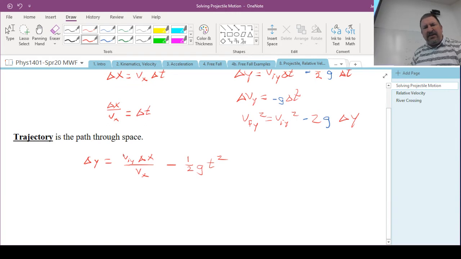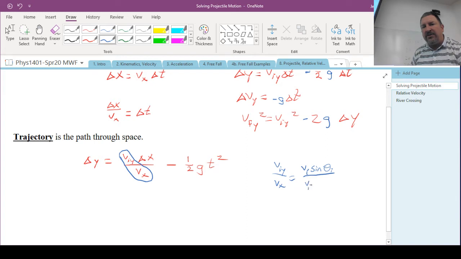And there's something interesting right here in this fraction. This v initial y over v x is equal to v initial sine theta over v initial cos theta.